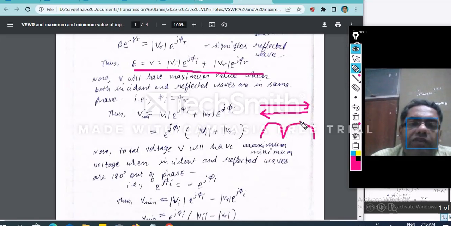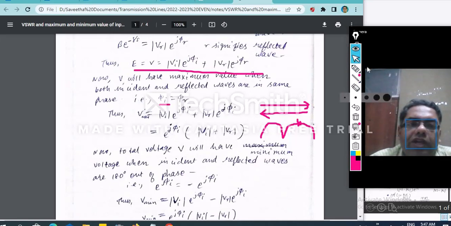So standing wave maxima occur when incident and reflected waves are in the same phase. Same phase means phi I equals phi R. So we can write the maximum voltage. The resultant voltage will be maximum when both terms have the same phase, so I am writing both as phi I. Then I can take e to the power j phi I common and I will get Vi plus Vr.